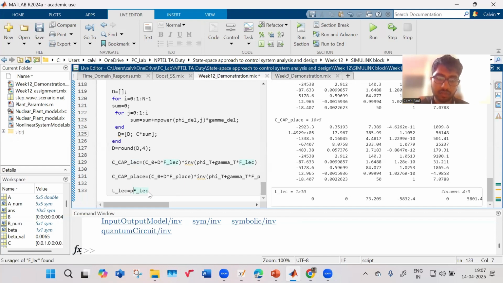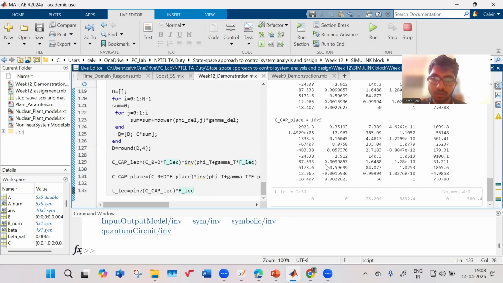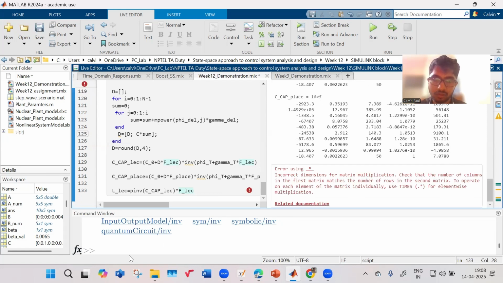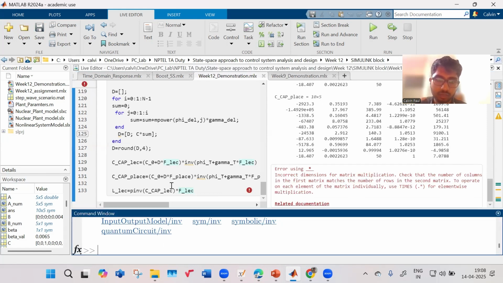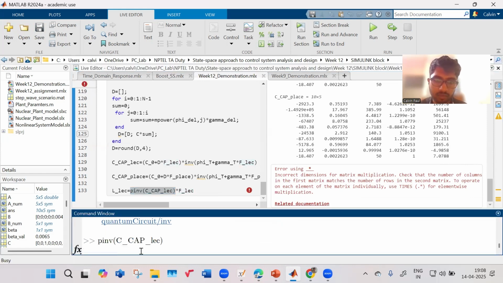P inverse into F. So let us see what is L. What is P inverse C cap lecture? So we do still common.